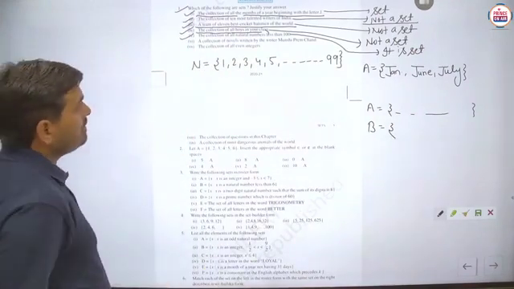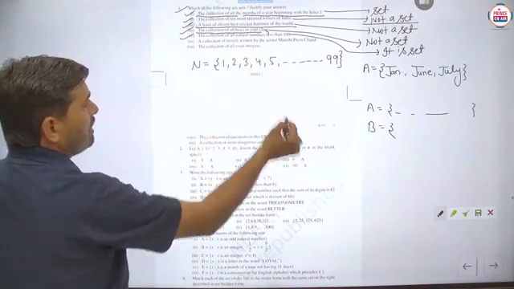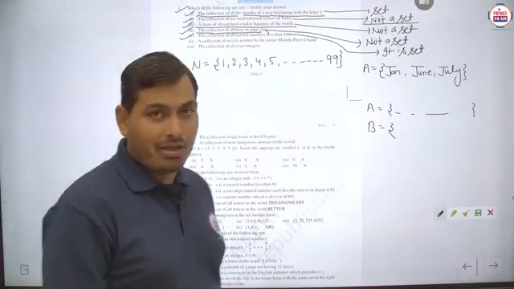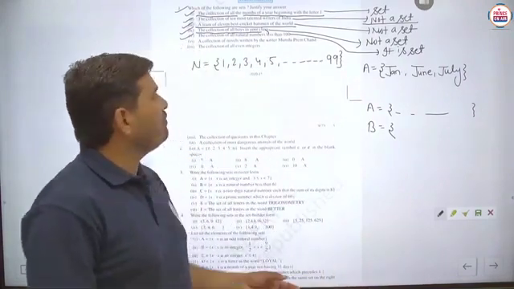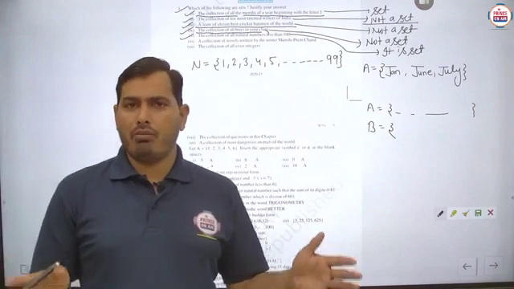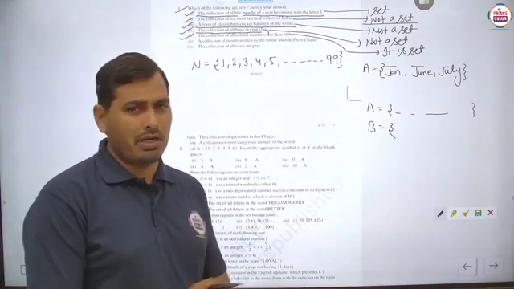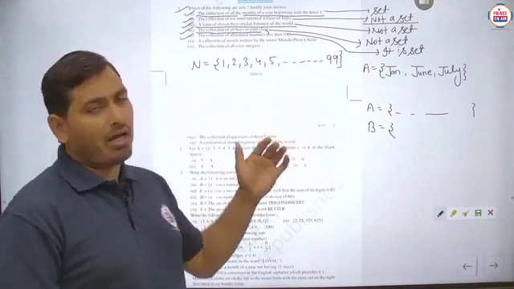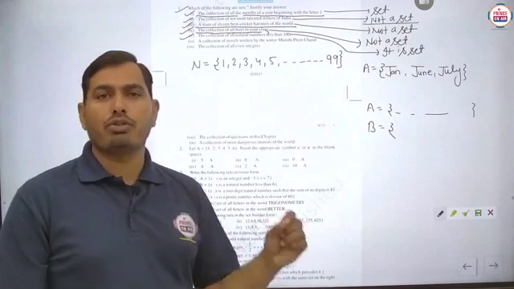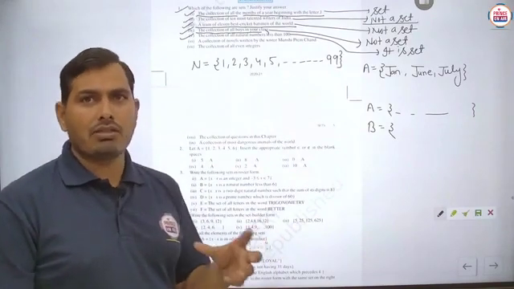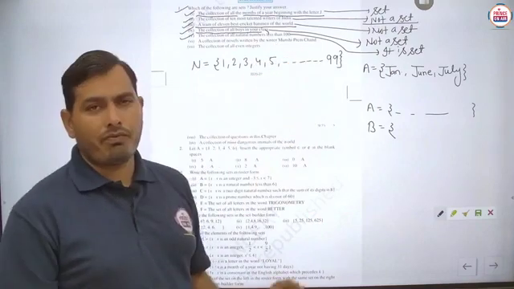The next part is the collection of novels written by Munshi Premchand. Now, students, the person is fixed, and whoever writes about the novels, the definite and fixed number of novels are written by Munshi Premchand. So if anyone asks this question to any person who knows very well about the novels of Munshi Premchand, then definitely the answer will not change from person to person, because the particular person is fixed, Munshi Premchand.